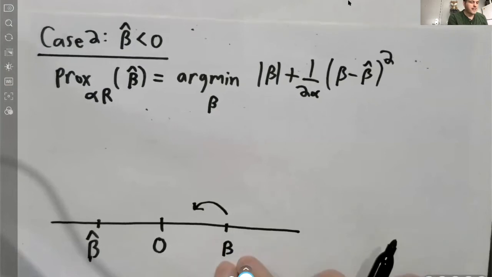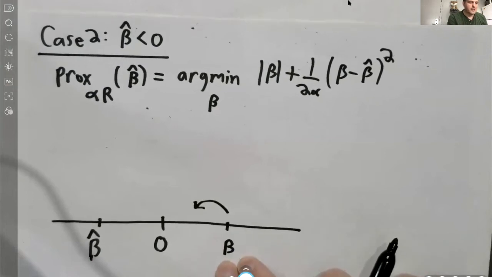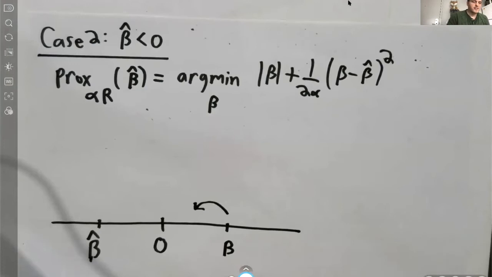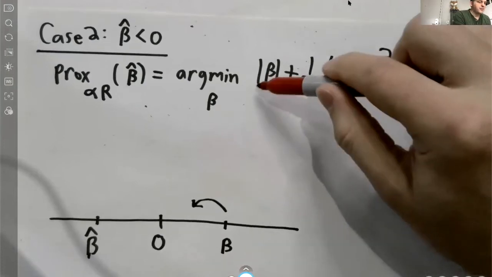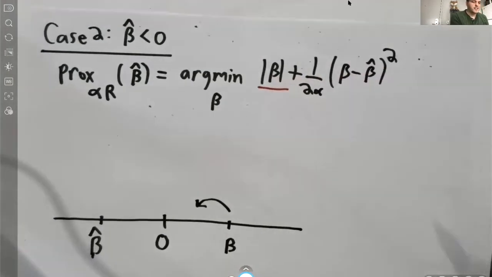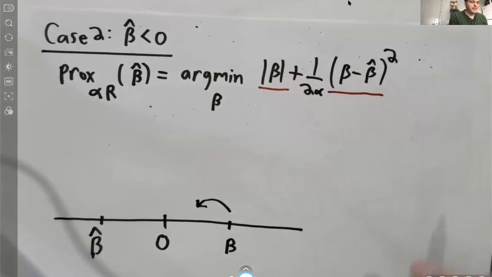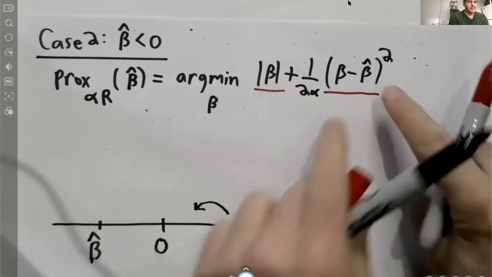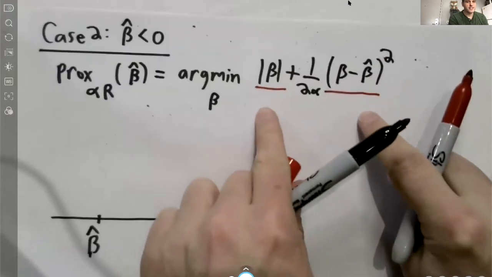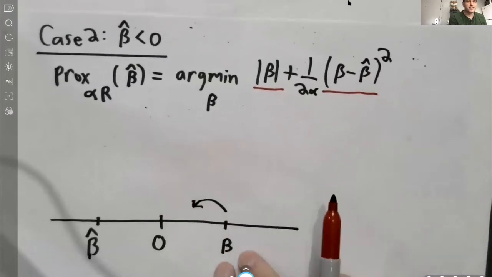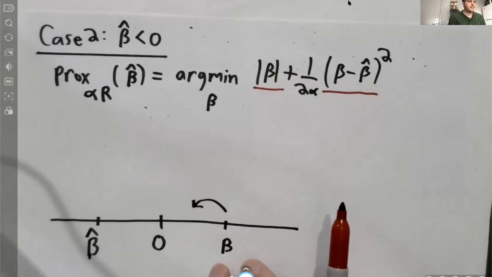If we start with this beta value and move it to the left, then certainly this term gets smaller, but also this term gets smaller because beta is moving closer to beta hat. So both terms get smaller. That means there's no way a positive value of beta could be optimal in case 2. And that means that we can restrict our attention to negative values of beta, or at least non-positive values of beta.